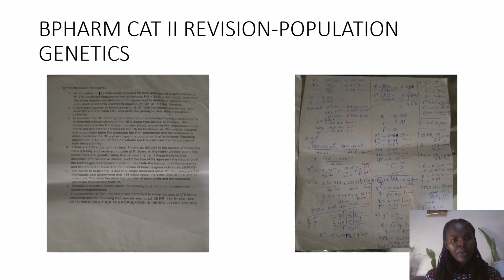It might not be clear on the screen, but as you read on your own, you'll have the question paper and relate it to the marking scheme. I've just numbered them based on what you're supposed to answer.